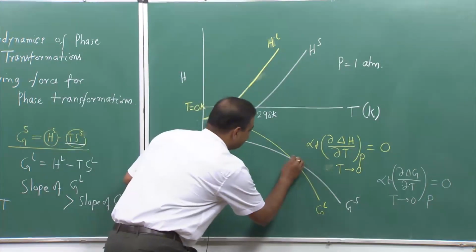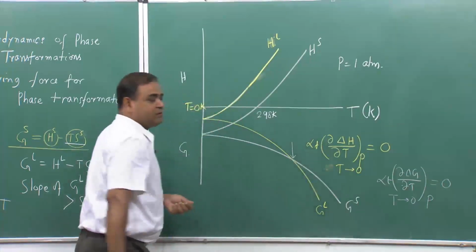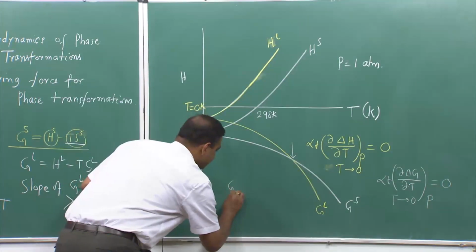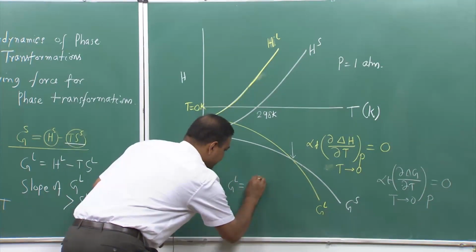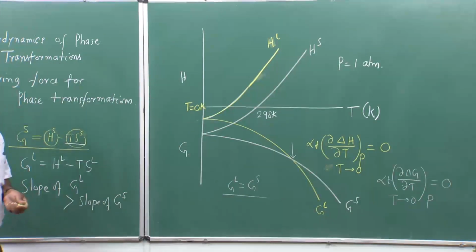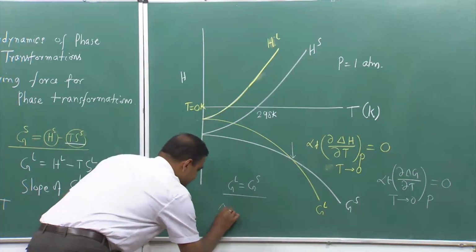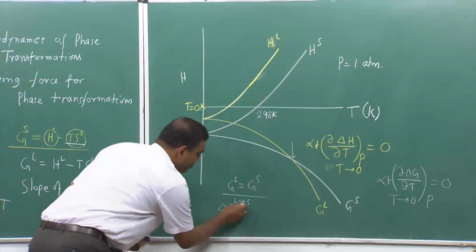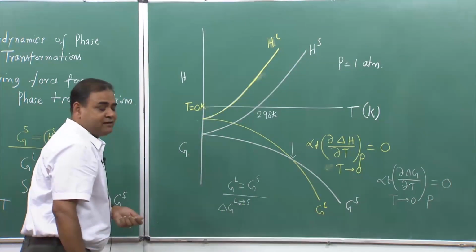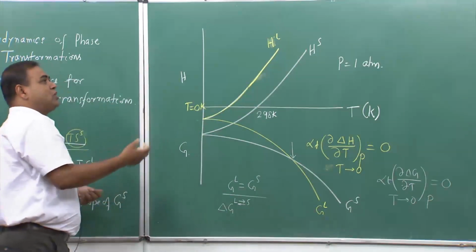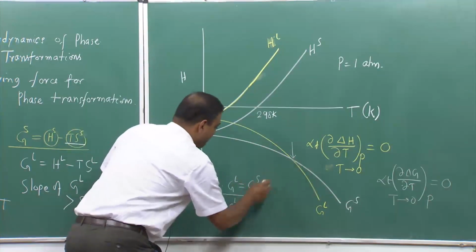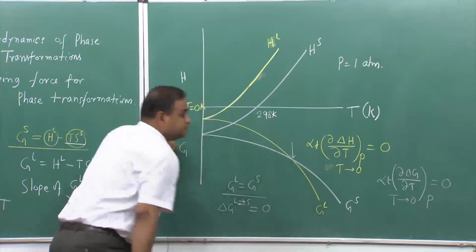Now, some interesting phenomena is taking place at this point, where both the lines are crossing. So, at this point, GL equal to GS, and if GL equal to GS, it means that del G for S to liquid, that means if liquid transforms to solid or solid transforms to liquid, at this point both are equal.